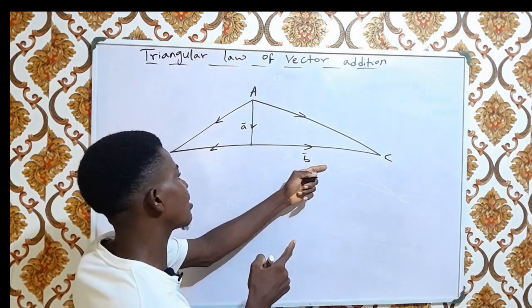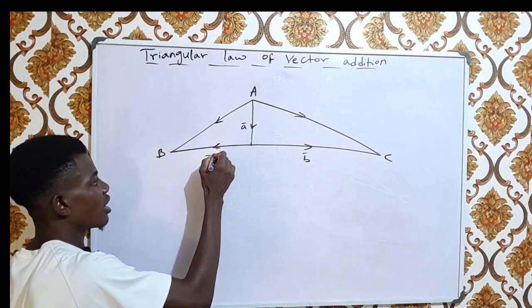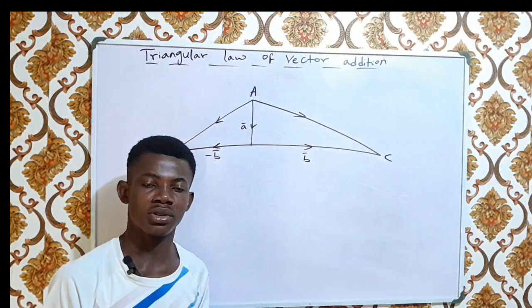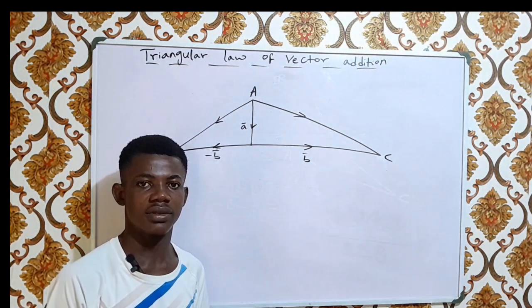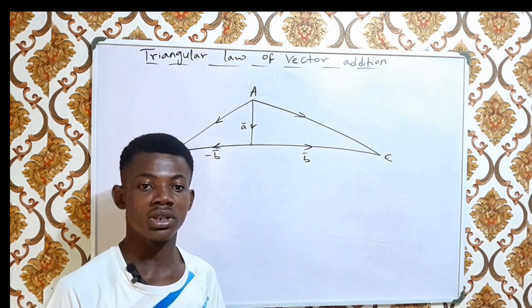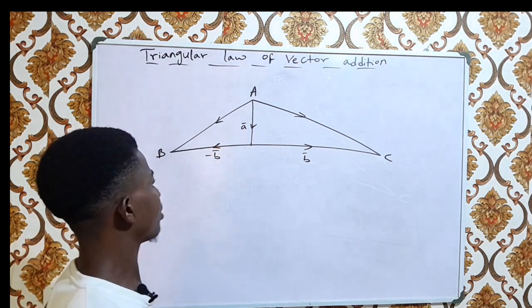Now, if b is here and this one is moving in another direction, it means that here is minus b, because in our episode 1 we talked about negative vectors, vectors having opposite direction.